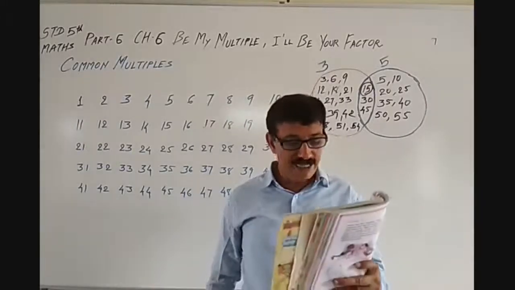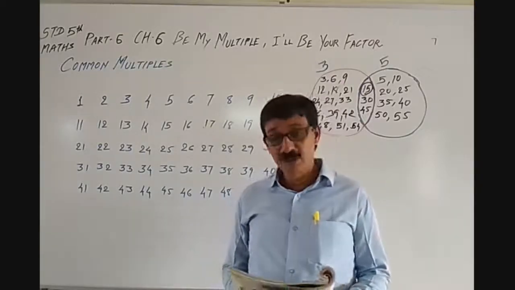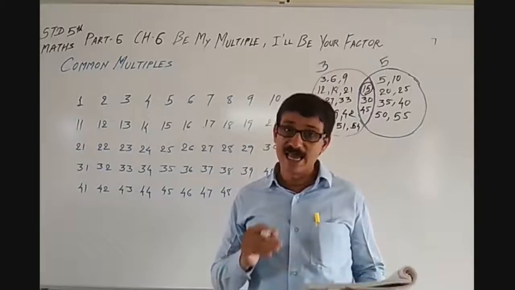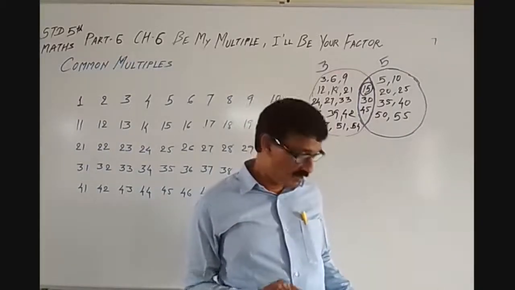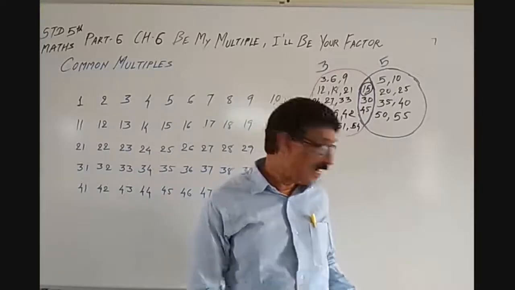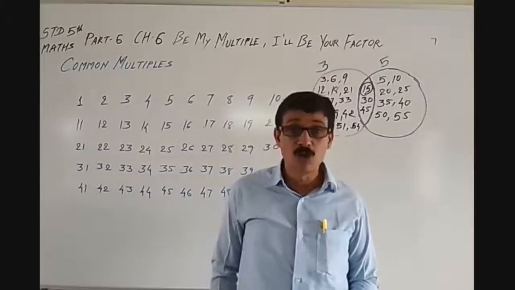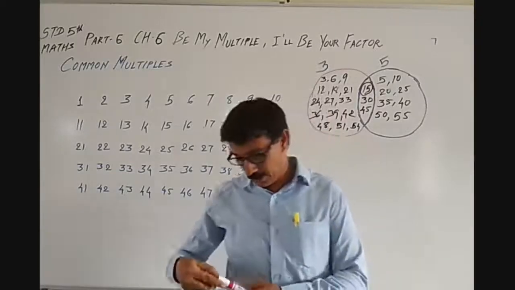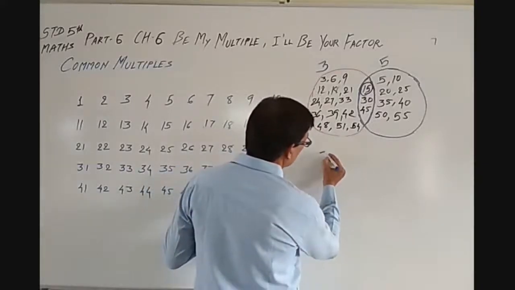Now repeat the game using the numbers 2 and 7. Now we will use the numbers 2 and 7 and repeat the game. For that, let me first draw the circles for 2 and 7, and after that we will write the multiples of 2 and 7. First, for 2, I am drawing this circle.